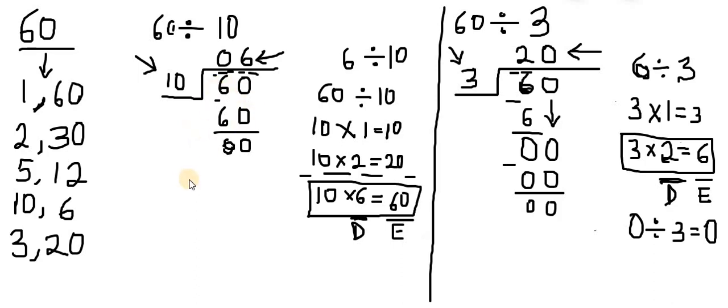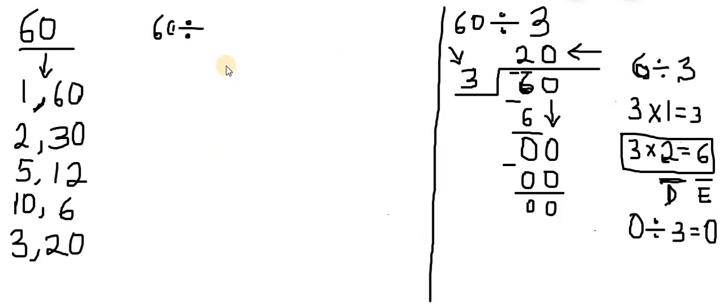So let's check it. Okay? So, we go 60 divided by 4, 60 on the inside, 4 on the outside. So we start with 6.